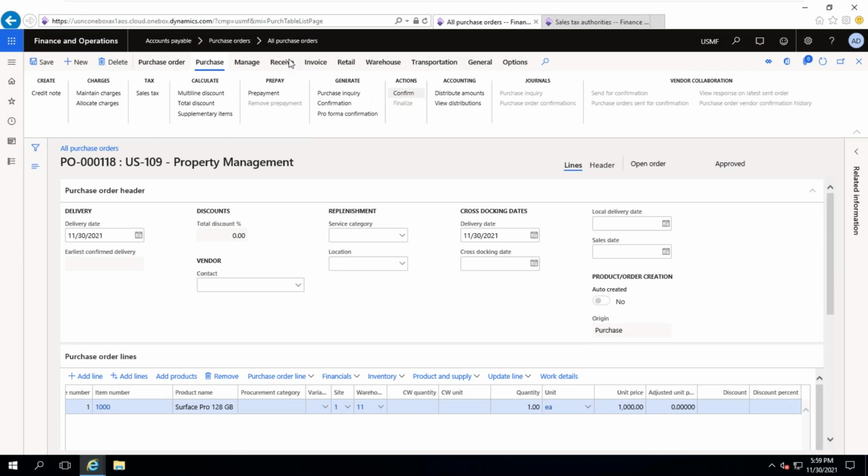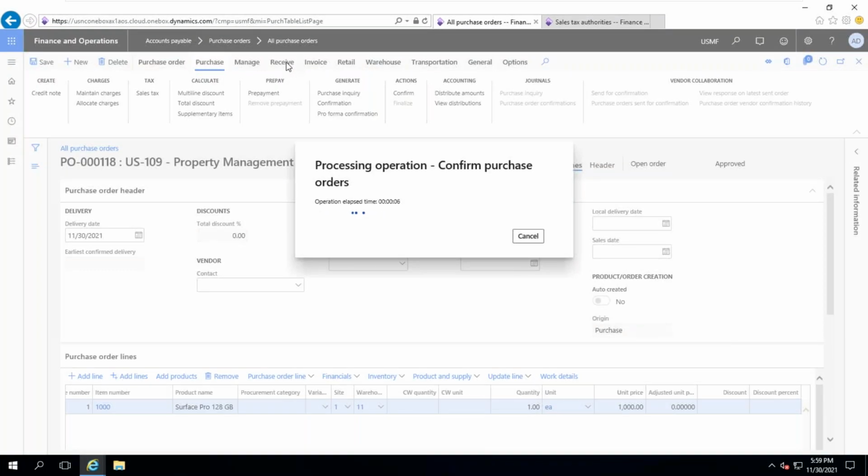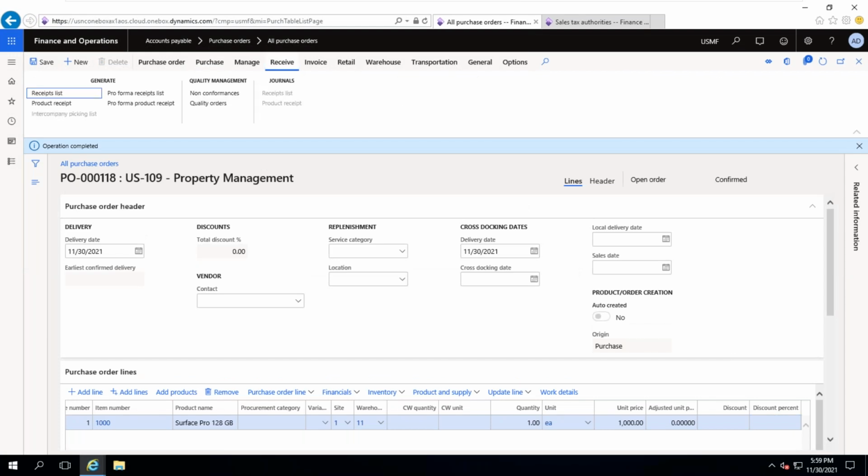Let me do the product receipt. Click on the receive tab, generate, product receipt.